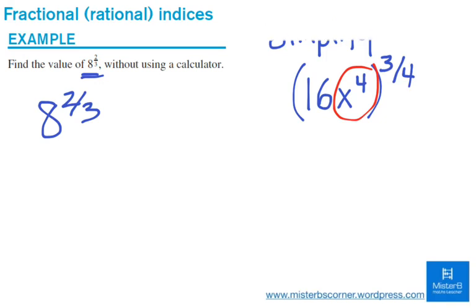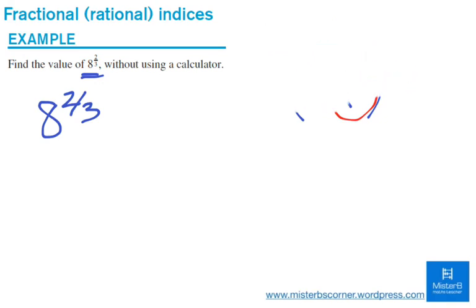It says 8 to the power of 2/3. Now first of all, keep in mind that this denominator will give you the key for simplification, and it tells you that you have to rewrite the base 8 as an index number.